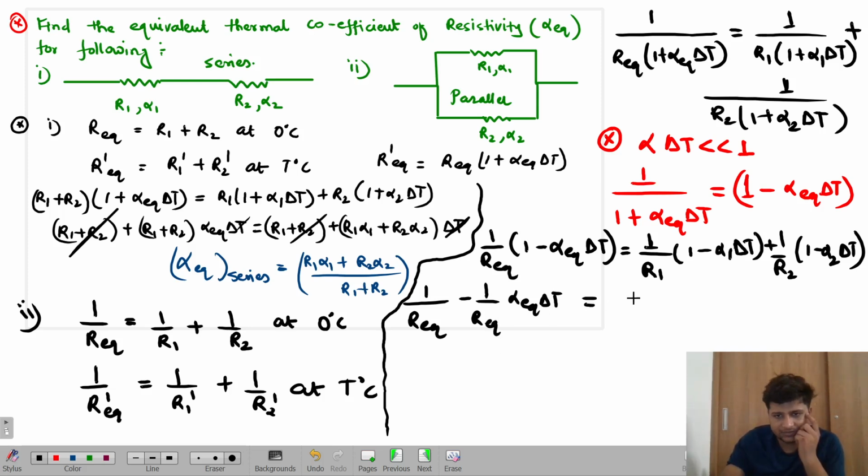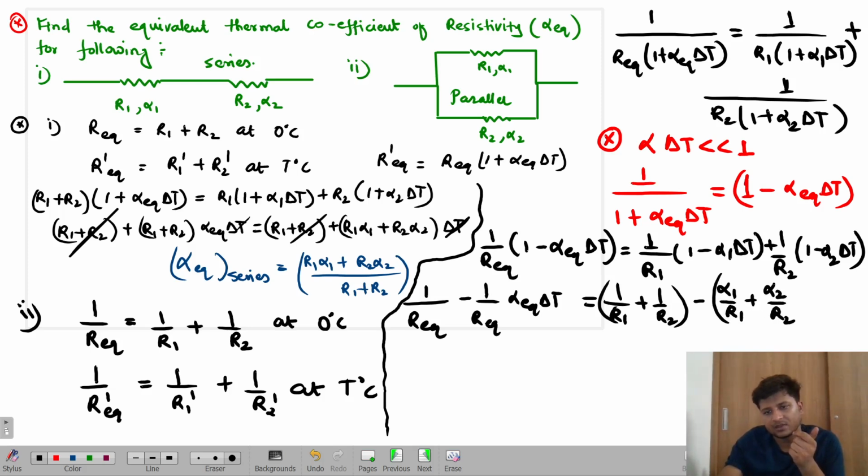Can be written as 1 by R1 plus 1 by R2, bracket close, and this is minus of alpha 1 by R1, isn't it? Plus alpha 2 by R2 into delta T. Can I write like this way or not?